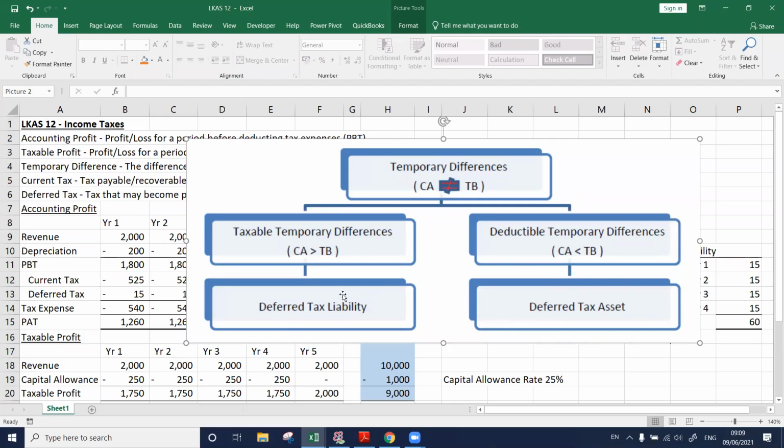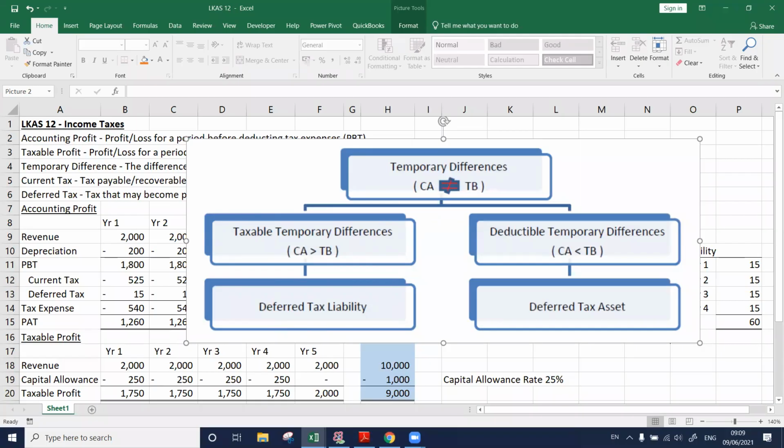The deferred tax liability means what? Amounts of income taxes payable in future in respect of taxable temporary differences. That is deferred tax liability.